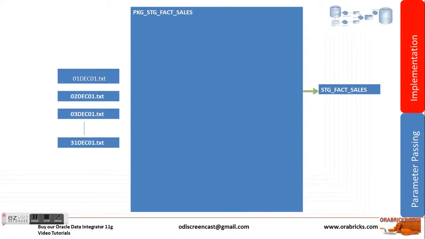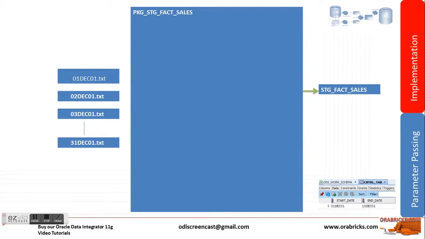This is my ODI package stage fact sales. The purpose of this package is to process all the files from 01 December 01.txt to 31 December 01 and populate them into stg fact sales.